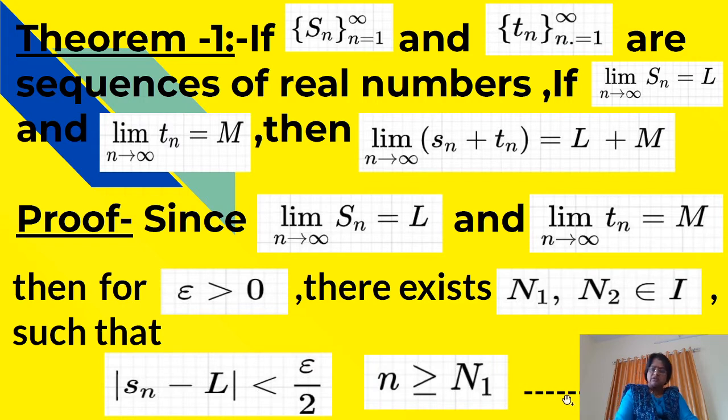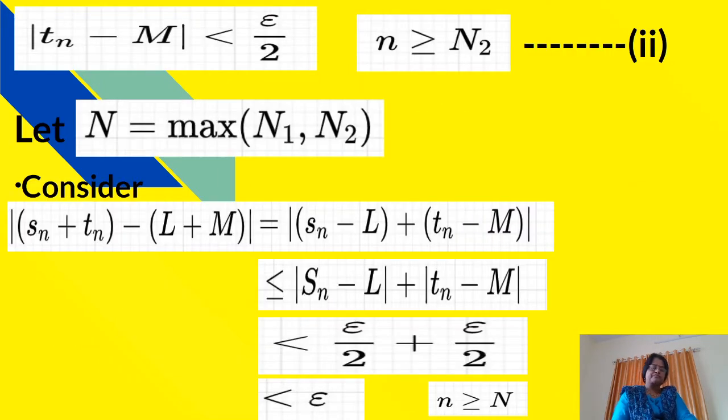Suppose this is our equation number 1. Similarly, modulus of Tn minus m is less than epsilon by 2 for n greater than or equal to n2. Suppose this is our equation number 2. Both the equations 1 and 2 we have written using the definition of limit of sequence.